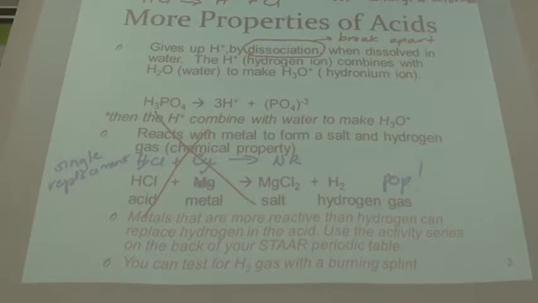Now we need to call this a special name, and that special name is the hydrogen ion. Everybody now, when I say hydrogen ion, you will write this, correct? Correct.